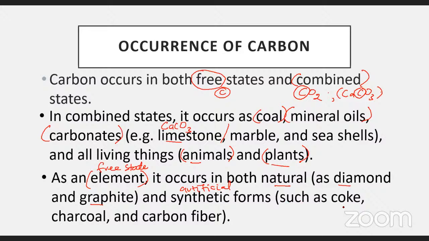So in such a case, we have coke, we have charcoal, all of us know charcoal, and also carbon fiber. So there are a few substances where we can find carbon, whether in combined states or in free states.